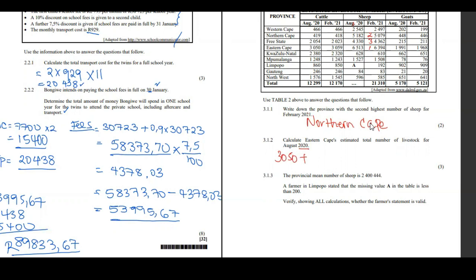Now sheep, we have 6,513 plus 1,991. Add everything up.